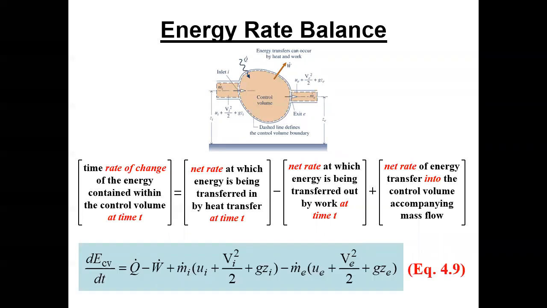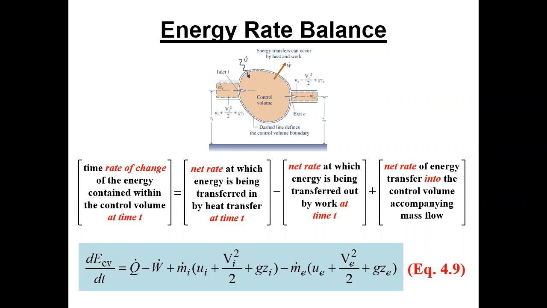Okay, if we're going to put some math to it, it's pretty much what you'd expect from the picture. dE_CV/dt, where E_CV is the total energy of the control volume at any point in time, and we take the time derivative of that. That rate of change of energy in the control volume is equal to Q dot, our net heat transfer rate, minus W dot, our net work rate, taking all the different heat transfers and works into account.